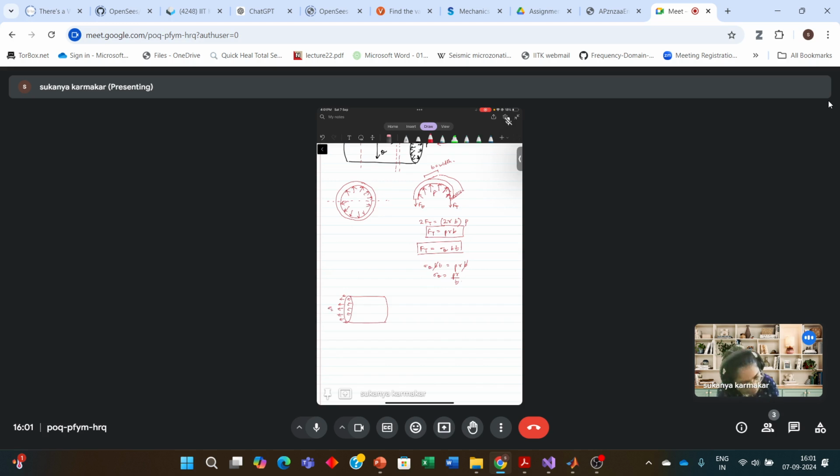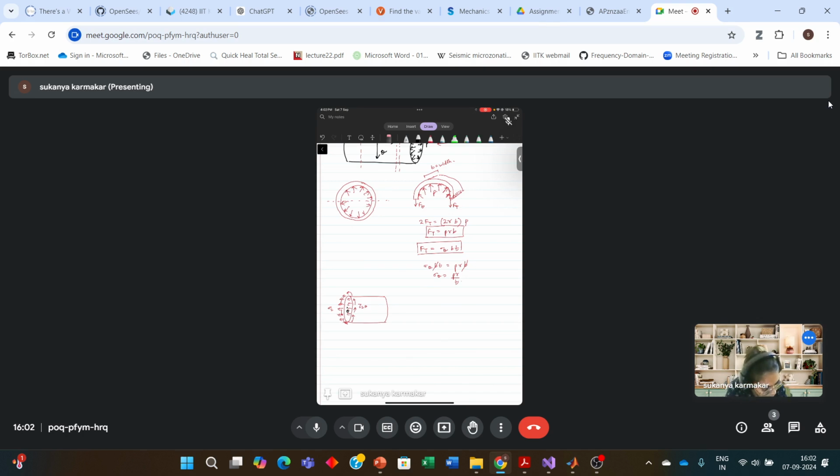This is, let's say, sigma z. And let's say you have a shear stress as well. Let me call the shear stress tau z theta. Now, if I take the moment about this point, let's say O, the moment about z is 0.